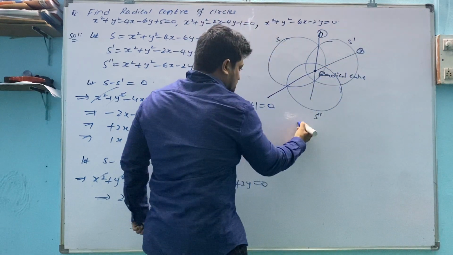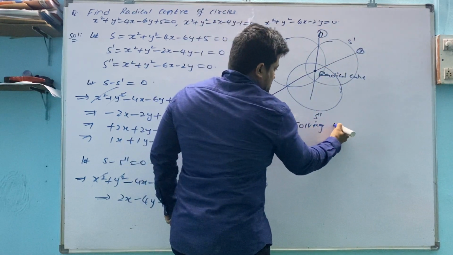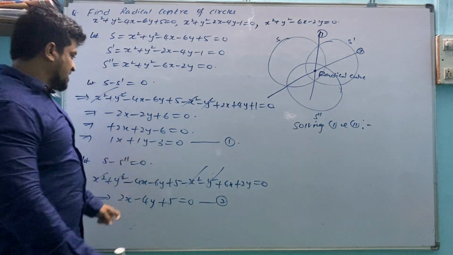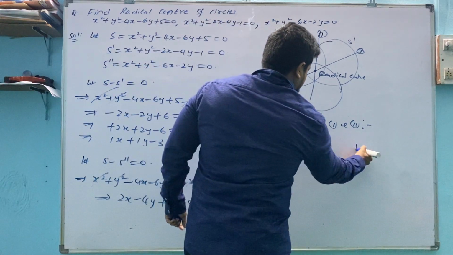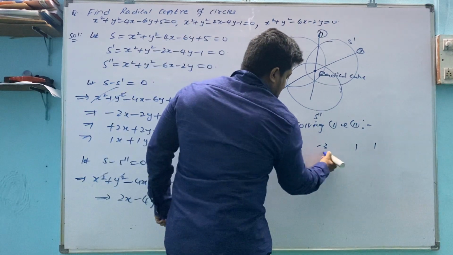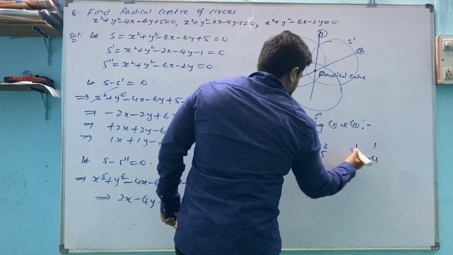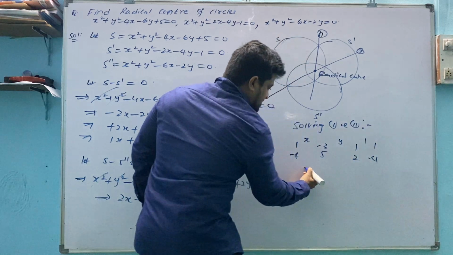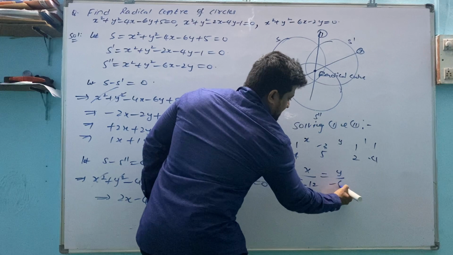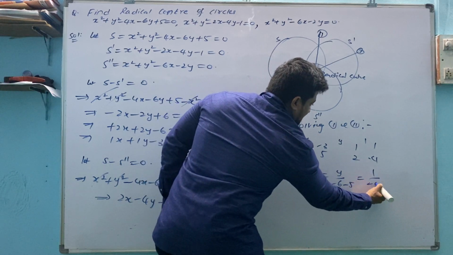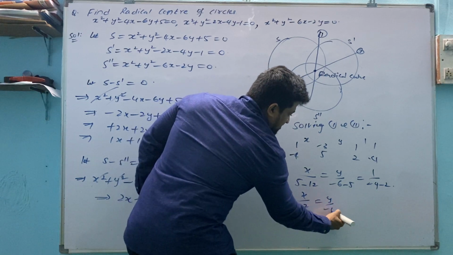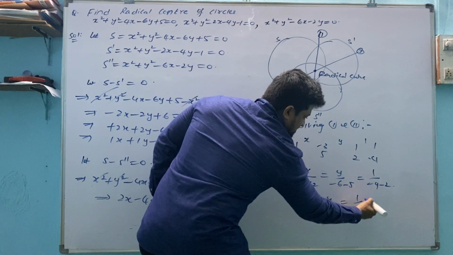To get the point we need to solve 1 and 2. Solving 1 and 2 for the radical center, by cross multiplication: x, y, 1. X divided by AD minus BC, y divided by AD minus BC, and 1 divided by AD minus BC. So x by minus 7, y by minus 11 and 1 by minus 6.